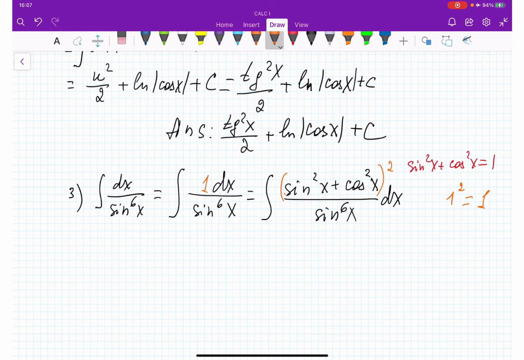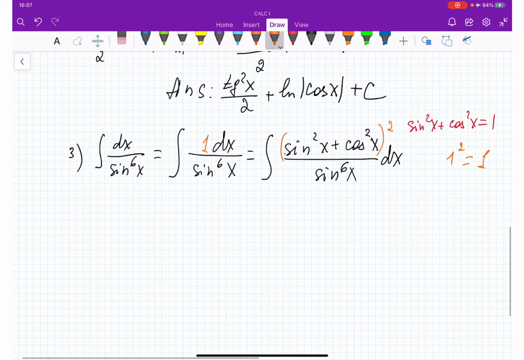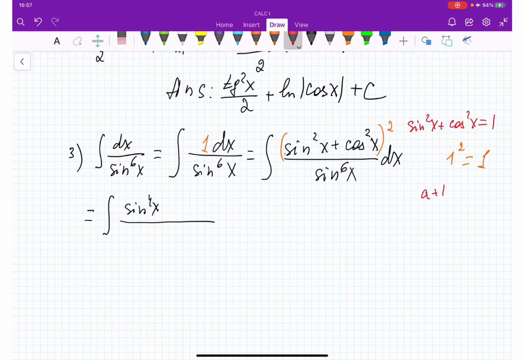But if I open the formula (a plus b) squared, I will get sine to the 4, cosine to the 4, and the difference I'll bring to degree 2. And it will be easy to manipulate there. Okay, let's do it. So this is equal to the integral of sine degree 4 — I'm opening the formula (a plus b) squared, you remember, a squared plus 2ab plus b squared.